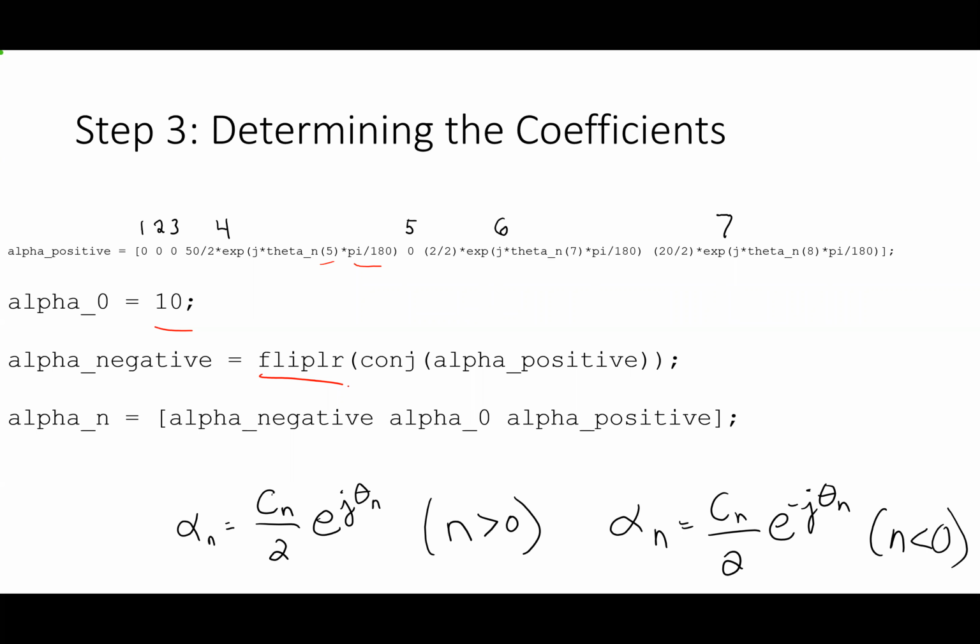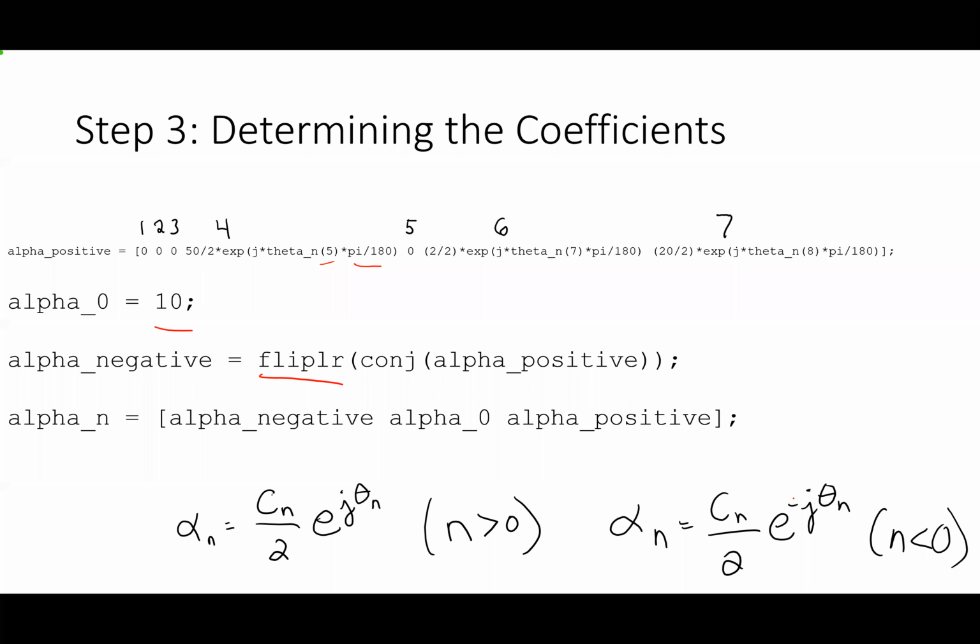So it takes the last entry and makes it first, and makes the first entry last. And what does the conj command do? It takes the conjugate, because I said that when n is less than 0, it's the conjugate. So I basically forced MATLAB to do the work for me.